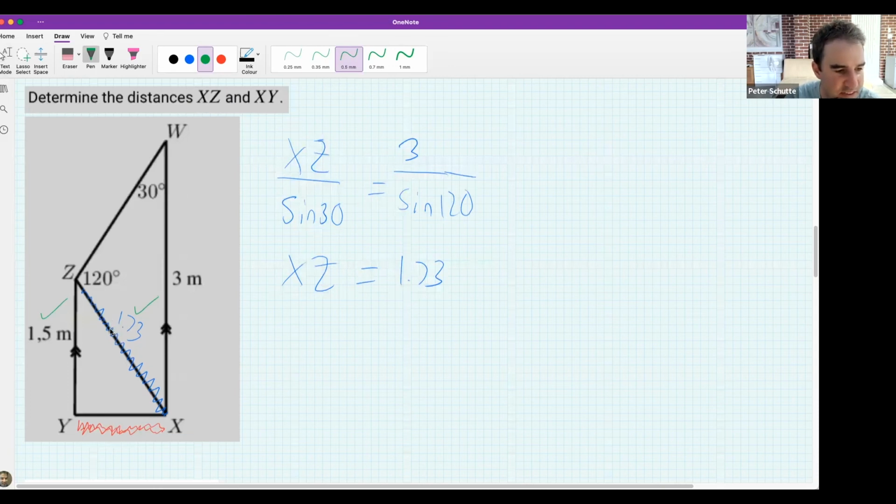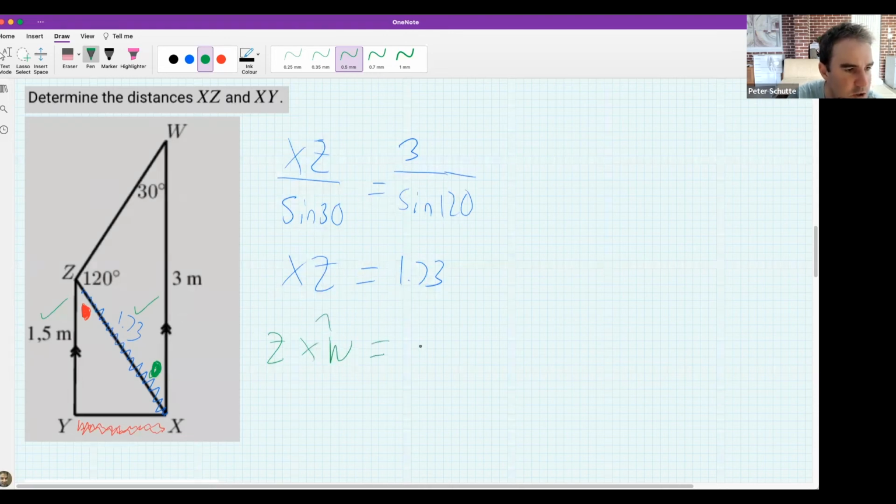In the angle XZY, we have two angles. So we need the third one. Yes, 180 minus 120 minus 30. When we get that, we'll get the angle Z. So you're saying, let's call it ZXW.